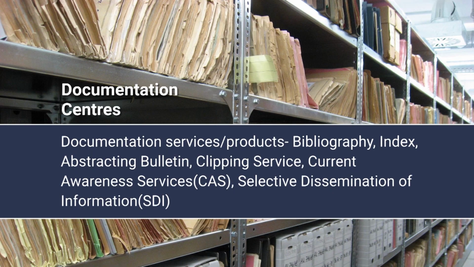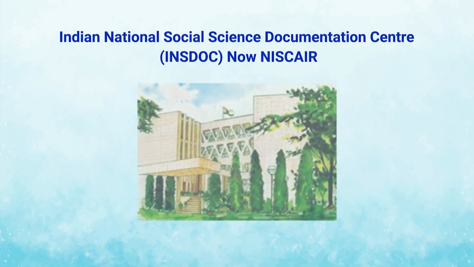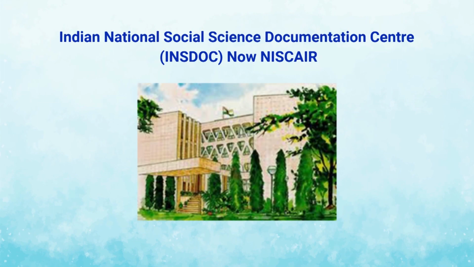Let me show you an example of a bibliography. As you see here, this is an example of a documentation center which exists at national level, and it provides bibliographies on demand and in anticipation.